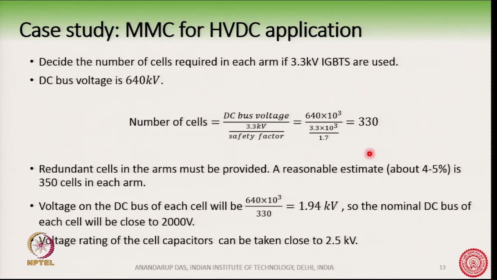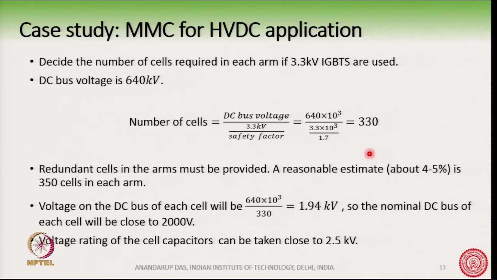Now, redundant cells must be provided in the arms. A reasonable estimate can be something like 4 to 5%, so we can choose about 350 cells in each arm of the MMC. This can be a starting point in our design.